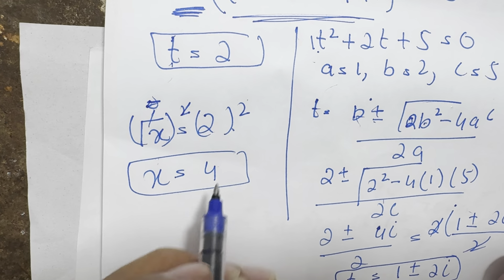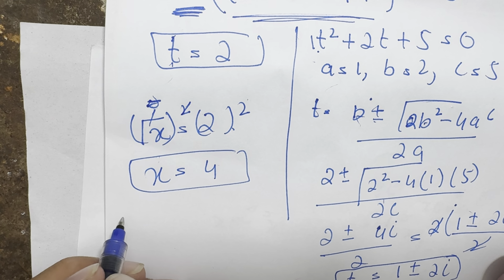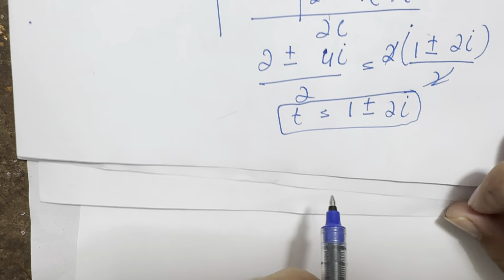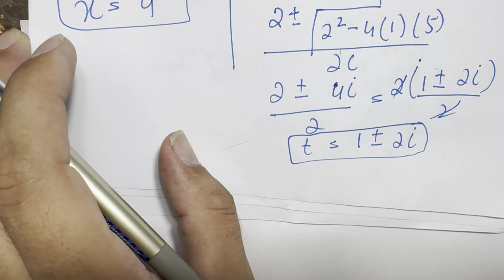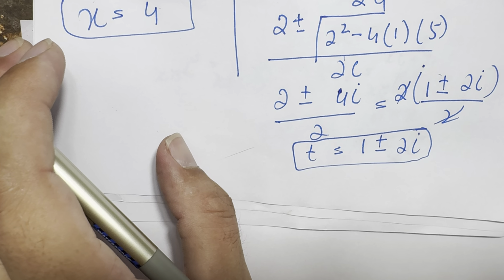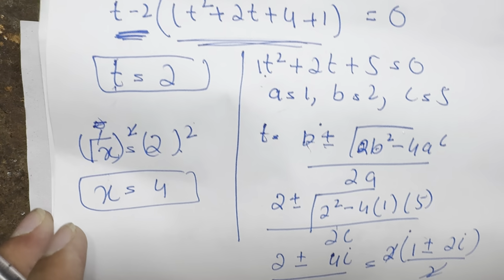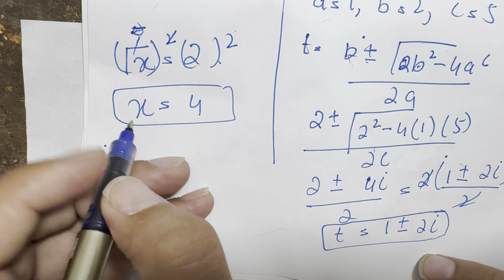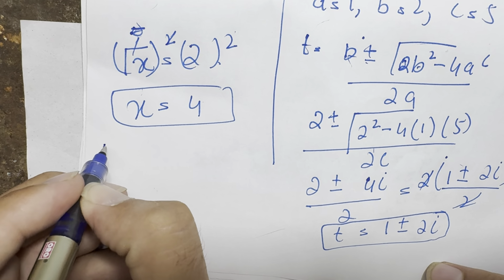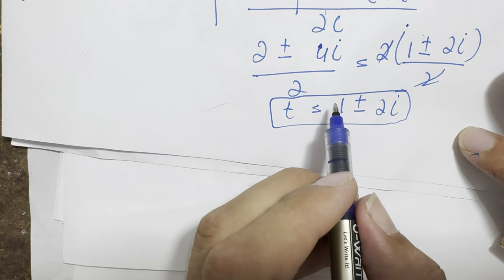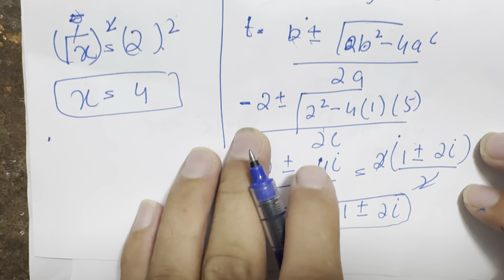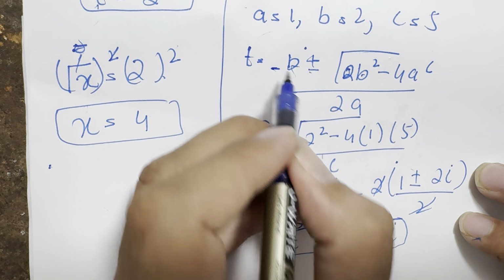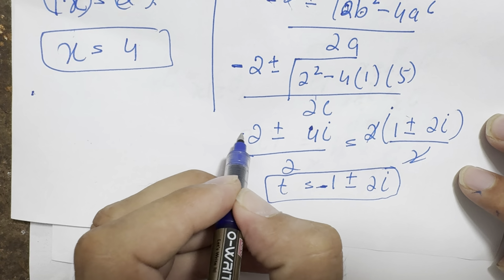First possible value is that, and the second possible value is from this equation, so t equal to minus 1 plus minus 2 iota. Here is negative, here is negative. Okay, sorry for that mistake.